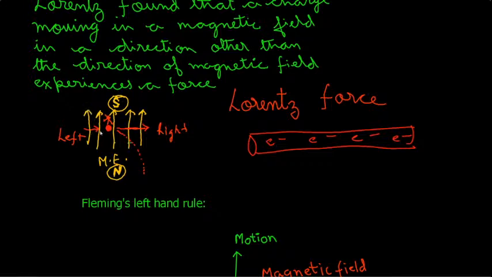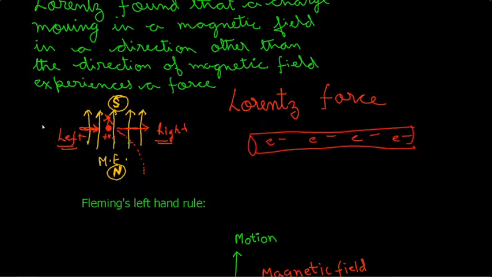This red line is showing us the direction in which a charge was moving. We always conventionally take it to be a positive charge. So I have a positive charge which is moving from the left of the screen to the right of the screen.